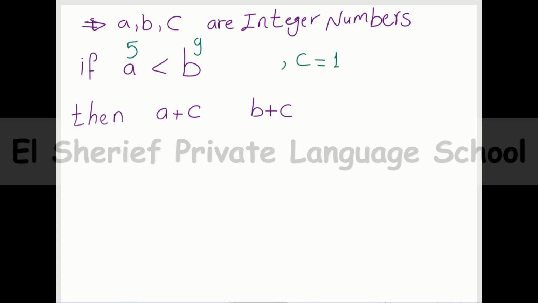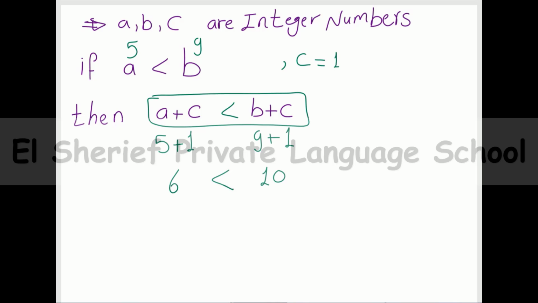A equals 5 so put 5, and B equals 9 so put 9. After that add C to both sides, so 5 plus 1 and here 9 plus 1. 5 plus 1 equals 6 and 9 plus 1 equals 10. 6 less than 10, so A plus C less than B plus C.